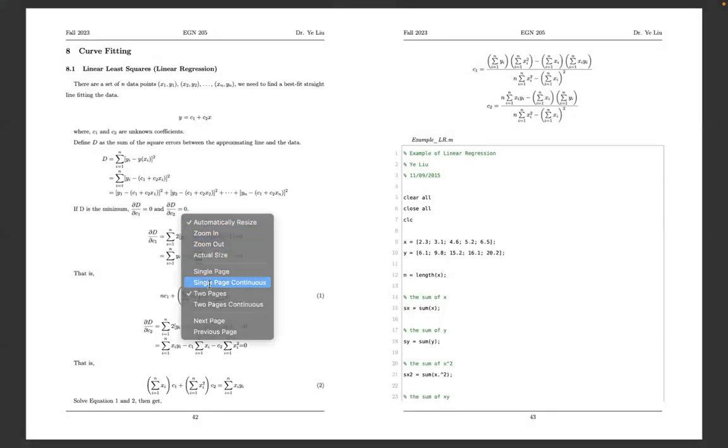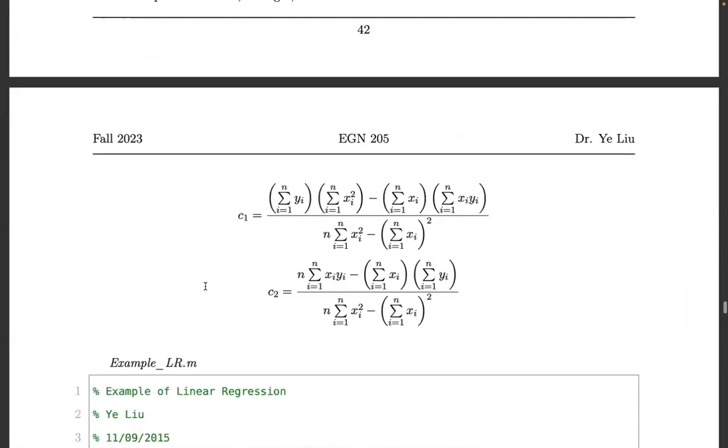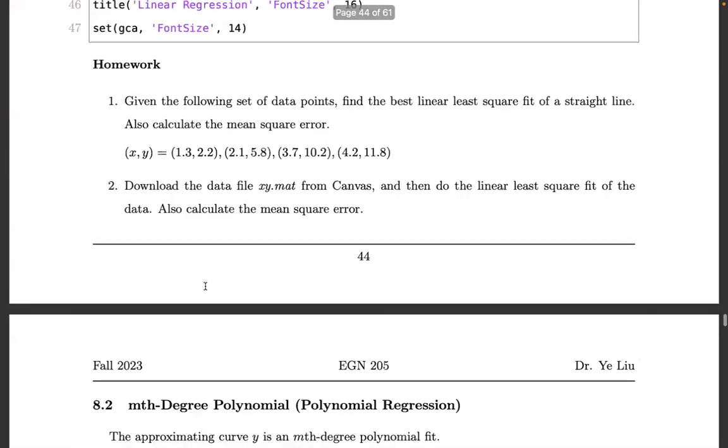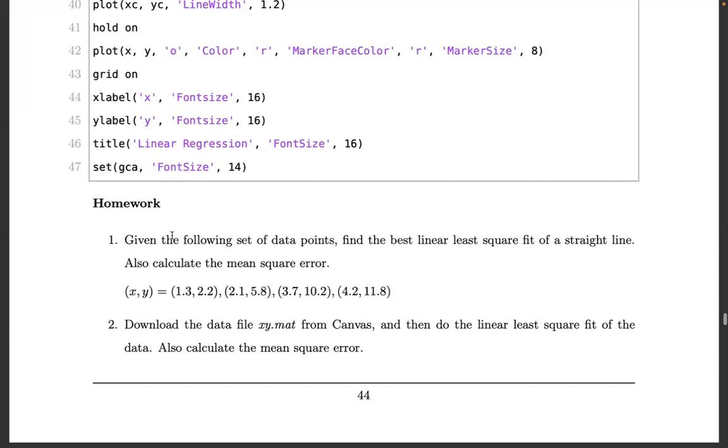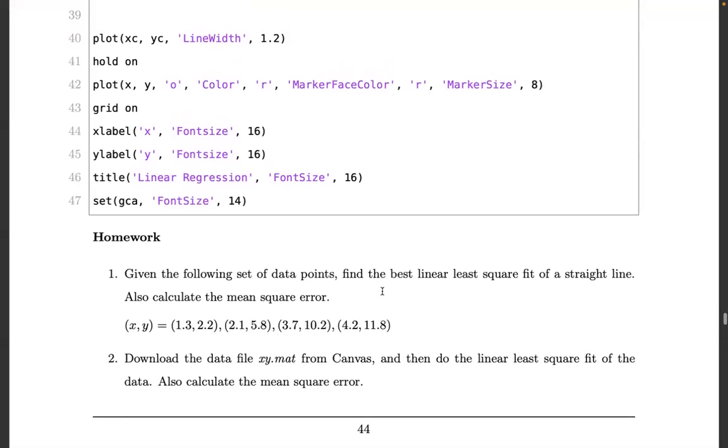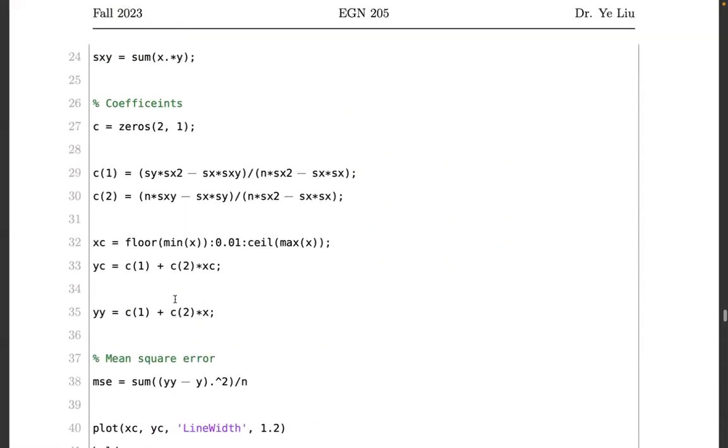Then we need to go to the homework. So we have two homework questions. The first one, similarly, you use the new data, x, y, so 1, 2, 3, 4. So 4 points. Actually the first one is very simple.